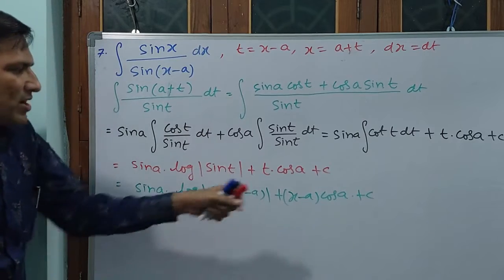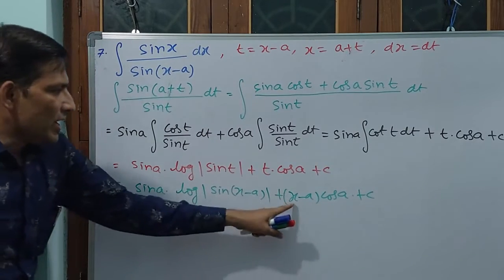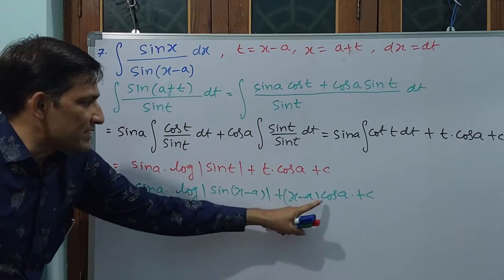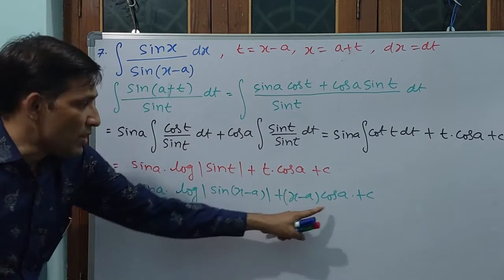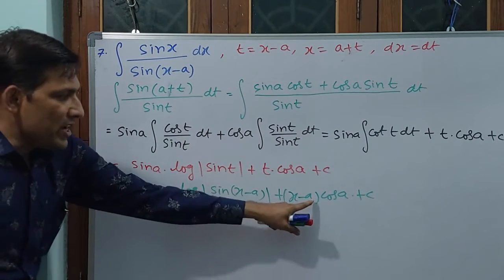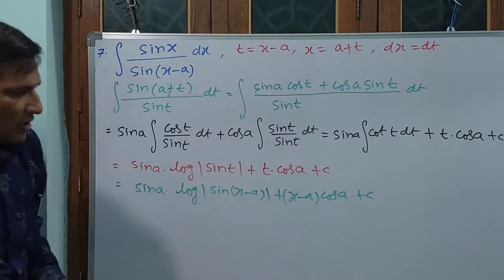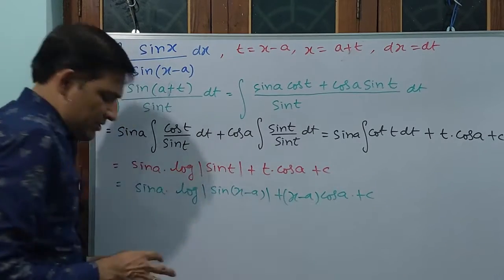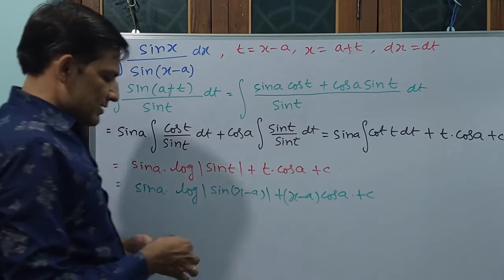See, your answer is not this one. Why? What they have given? x cos a. Okay, minus a cos a also will come. Minus a cos a is what? A is also constant, cos a is also constant. This minus a cos a they are mixing in c. You understand this concept?